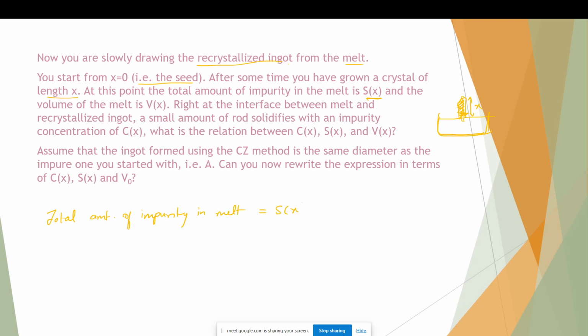So you understand why it is a function of how much solid we have crystallized, right? It's a function of x because the more we crystallize, the more will be the impurity in the melt. So S of x. The volume of the melt is V of x.